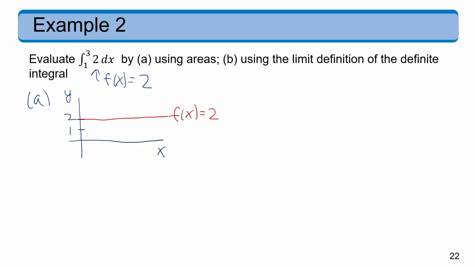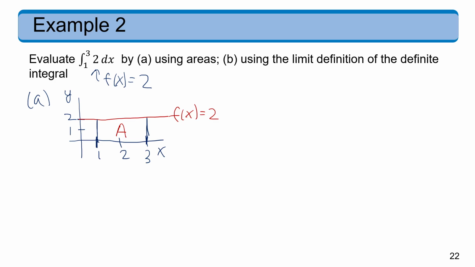Now look at the limits of integration from 1 to 3. So on the x-axis, we need to mark off those values. So we're starting here at 1, ending at 3. Those are going to define the sides. And the area we're looking for is right here. And notice it just happens to be a rectangle, which we can easily find the exact area of. We don't have to do any approximations with subintervals or anything like that.